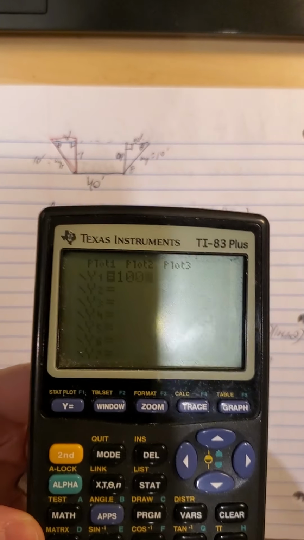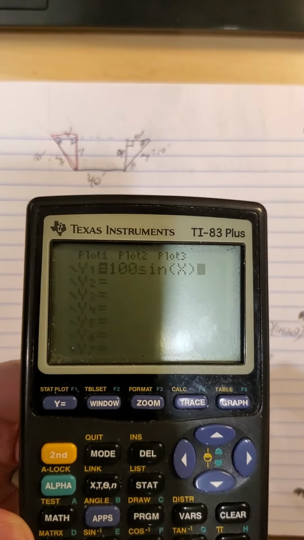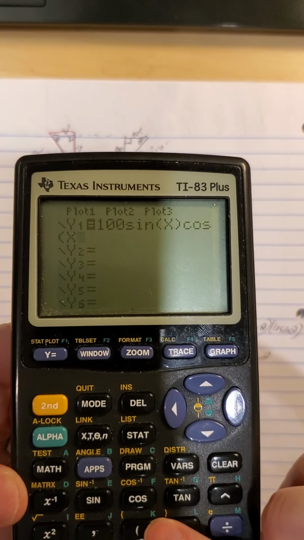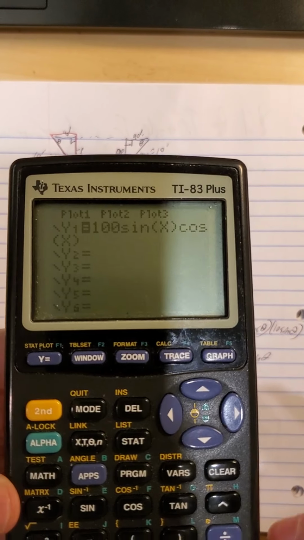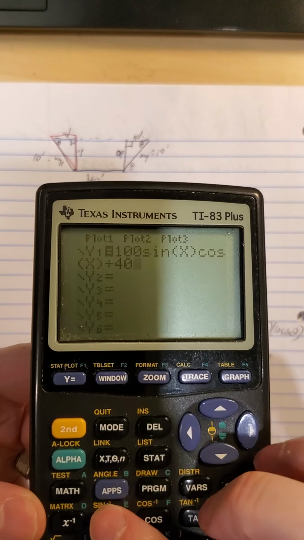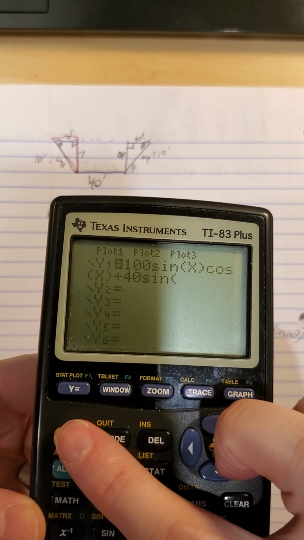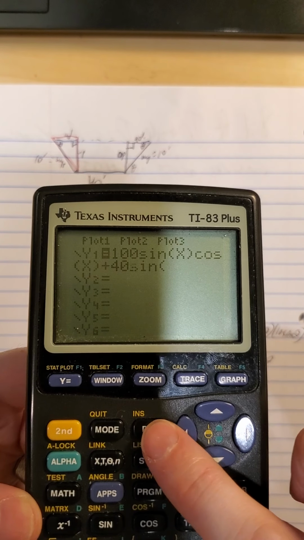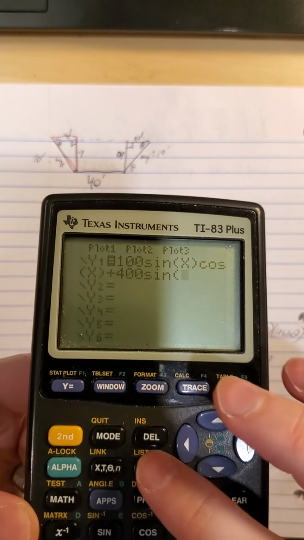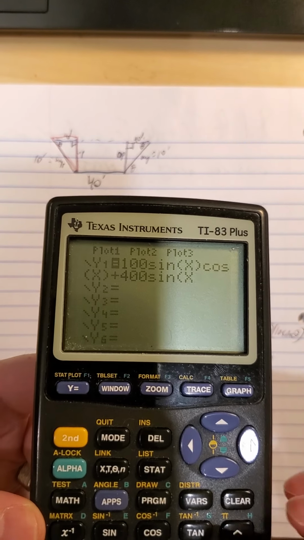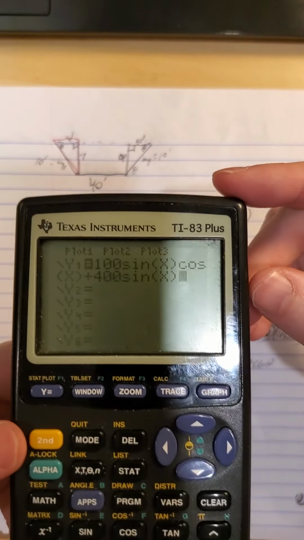So 100 sine x cosine x plus 400 sine x. And there I missed the last one, so second and insert, so I don't have to type everything over again. 400 sine of x. And we're looking to maximize this.